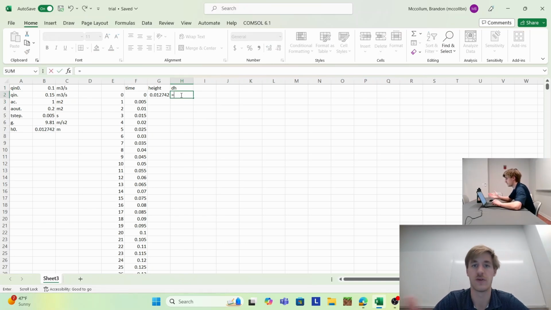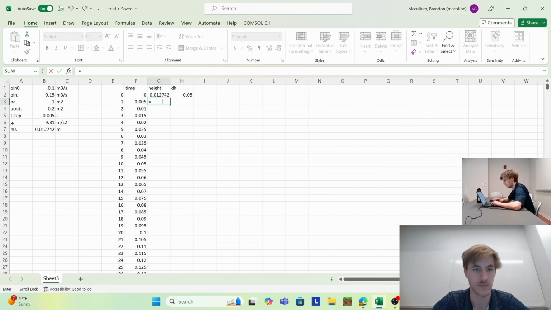All right. So now this is the second equation we derived. So we have our flow going in minus our flow going out, which is the area times the square root of 2g times our height here, and this is all divided by our cross-sectional area.